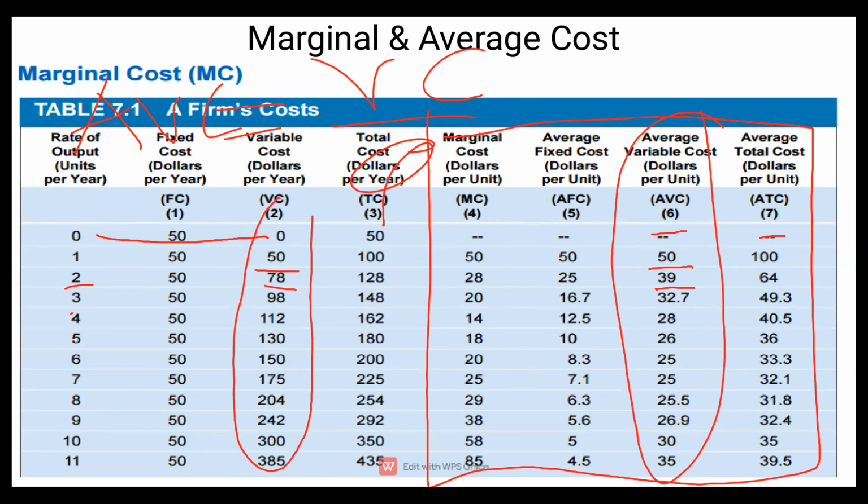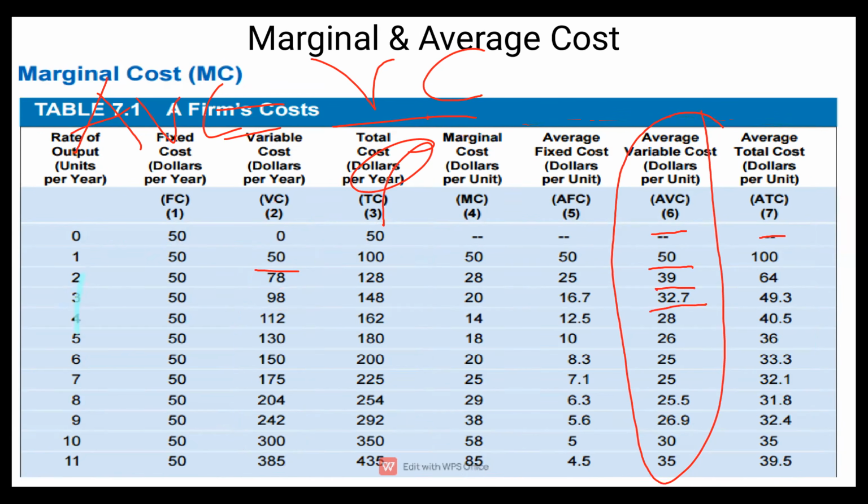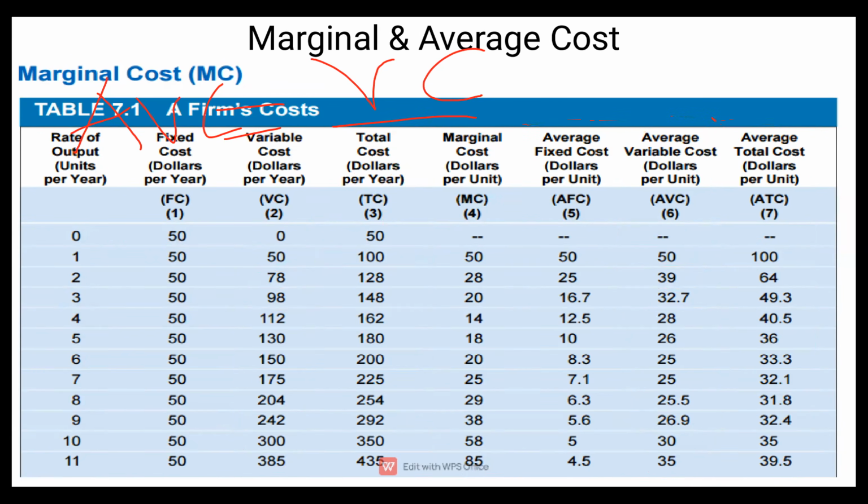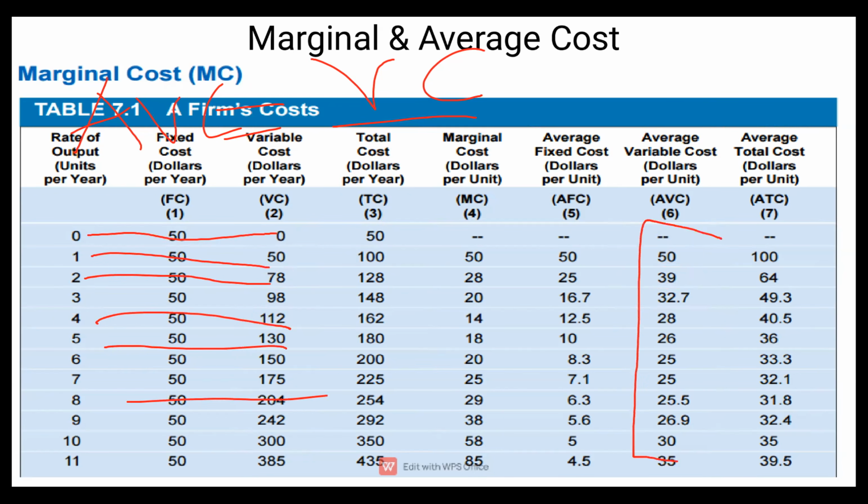And 98 divided by 3 is 32.7. So you just keep dividing like this, each variable cost by its output. Then you have this schedule for average variable costs. Did you get that?